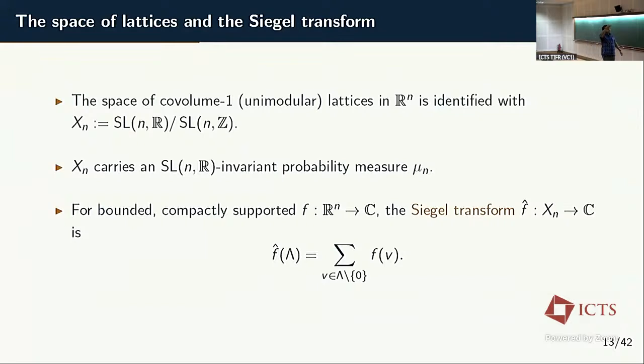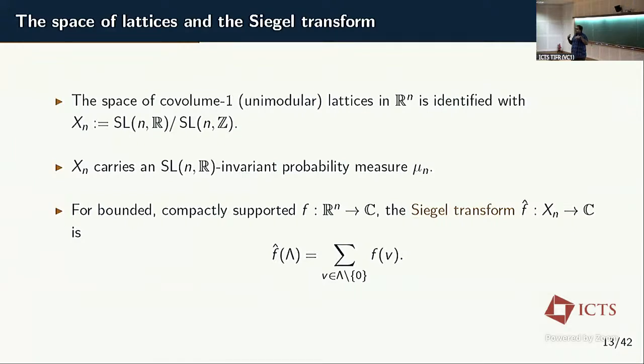This space admits an identification with the moduli space of covolume 1 lattices in R^n. Okay? So it's easy to see. What's one covolume 1 lattice in R^n? Z^n. Yes? Fundamental domain is a square. And every other such lattice is obtained by an action of a matrix in GL(n,R).